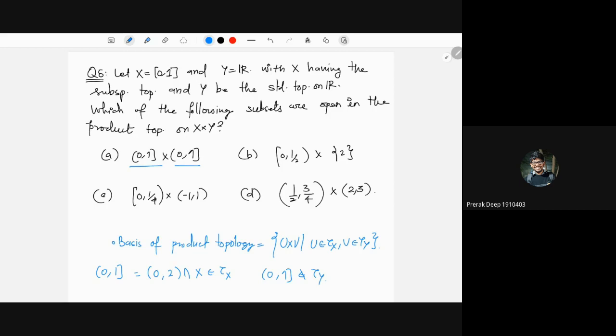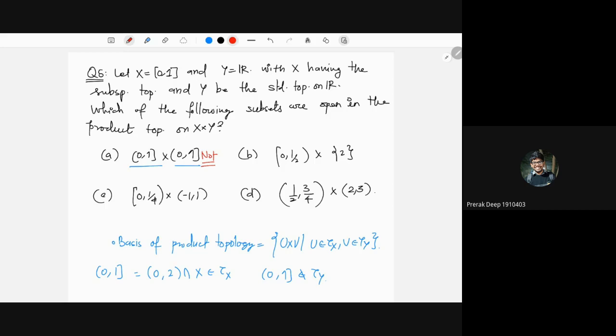Because Y, which is R, has the standard topology on it, and in the standard topology this open 0, closed 1 can't be expressed. So this is not an open set in the product topology.